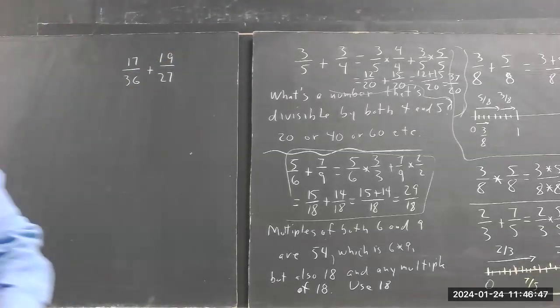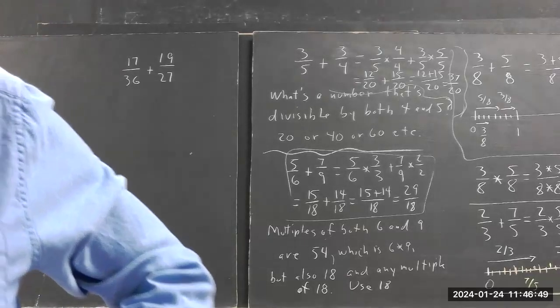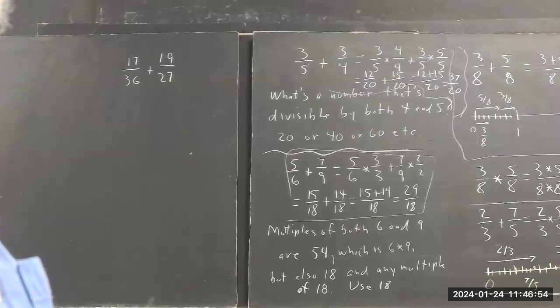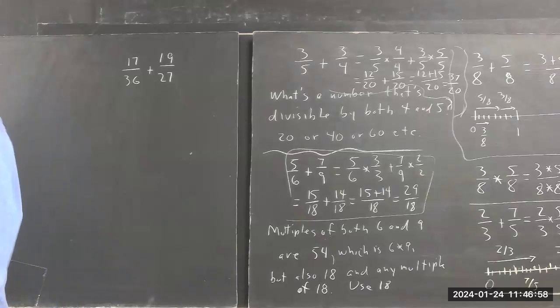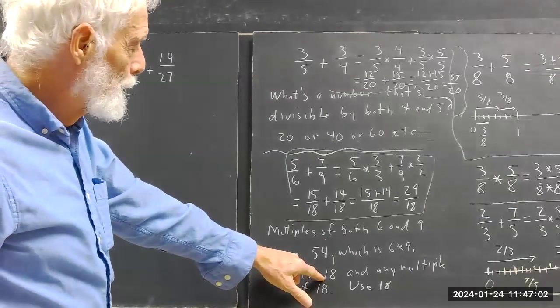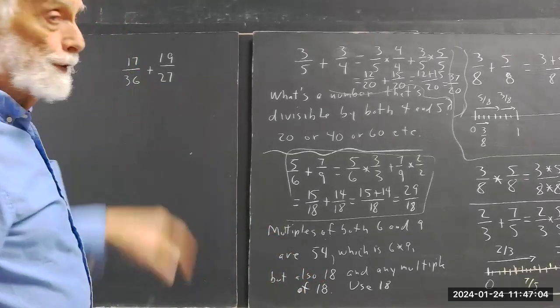Okay. Can you give me a number off the top of your head? And if you can, I'll be impressed. It's the smallest number that's a multiple of both 36 and 27.